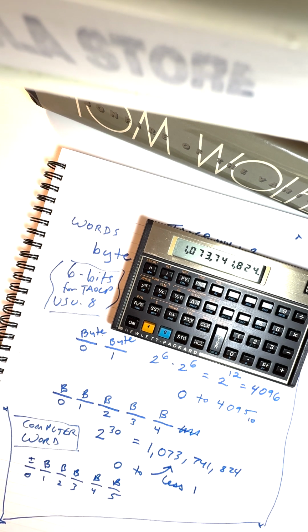So we could represent this with 1 byte being 6 bits, 12 bits, 18 bits, all the way to 30 bits, right? And then the sign can be just 1 bit, so 1 bit and 30 bits. So a computer word in the world of the art of computer programming is 31 bits.